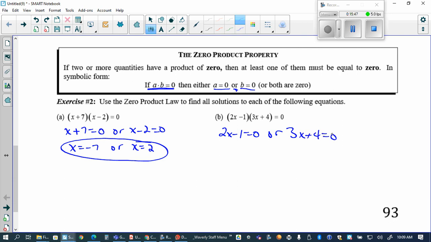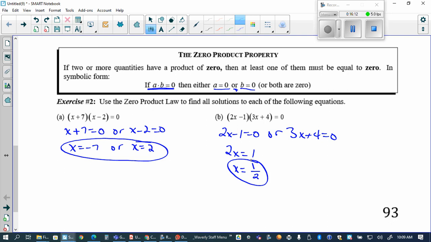All right, at least you got that far, right? So over here, if you add 1 to both sides, what do you have? 2x equals 1. And then you do what? Well, let's finish this one. Divide by 2, you get x equals what? 1 over 2.